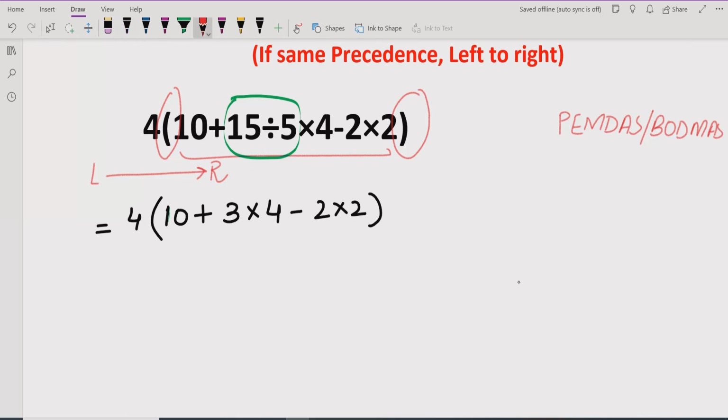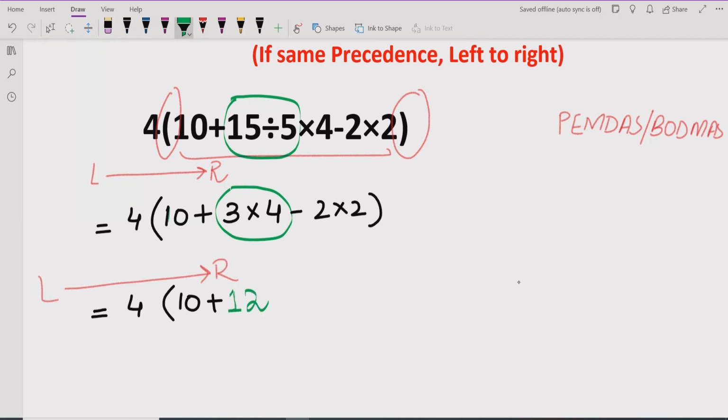Now we go left to right again and see which two numbers we solve according to the BODMAS or PEMDAS method. We solve this one first as we go left to right. So 10 plus, and this is 3 multiplied by 4, which is 12.